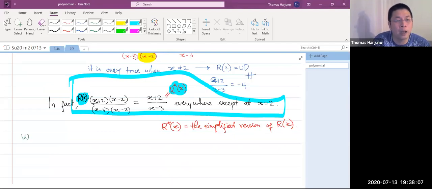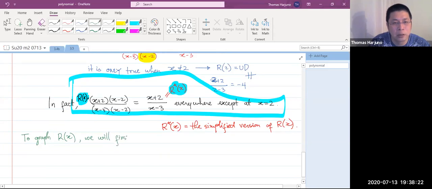To graph R(x), we will first graph R star of x. Then we do some necessary adjustment.